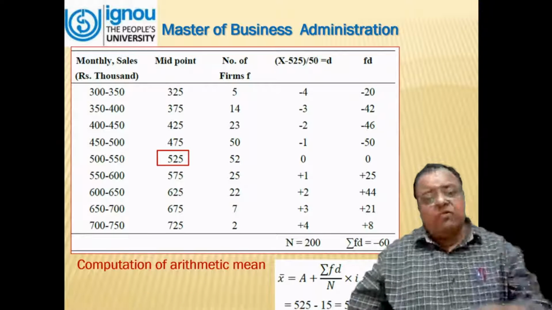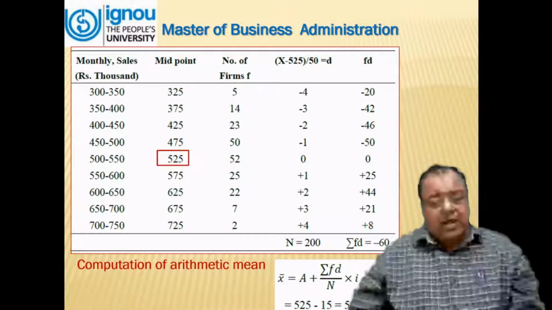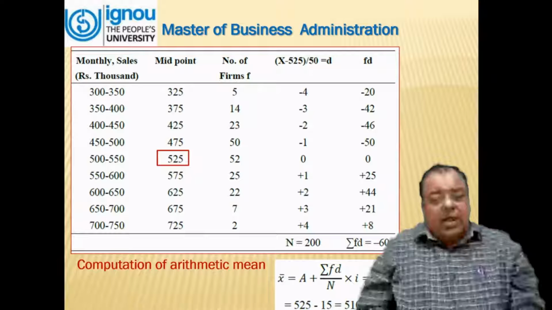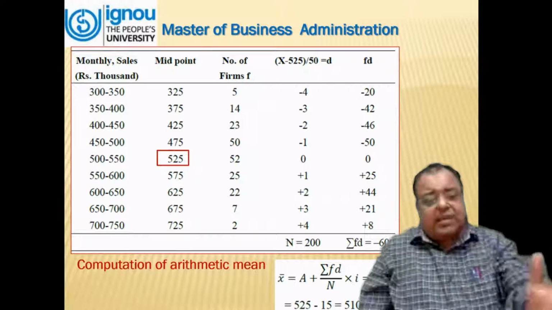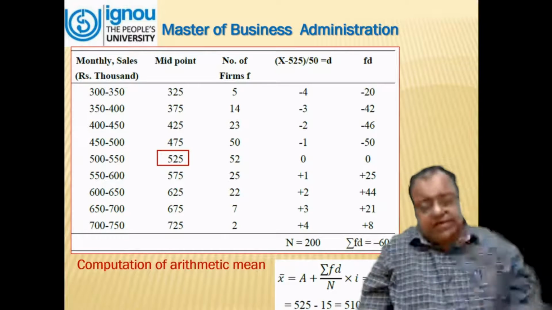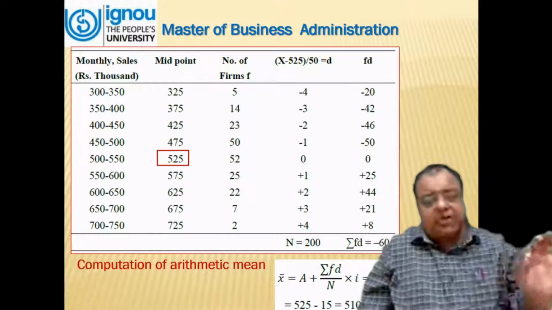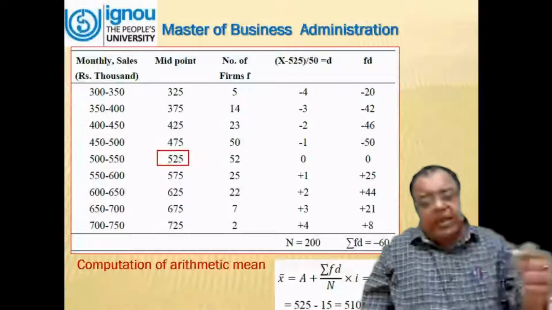Now we move on to column number 4. For column number 4, we have to calculate how many numbers are there in the monthly sales column. We will find out the center one. So that comes out to be 500 to 550. In lieu of that, we will write 0 in that column.